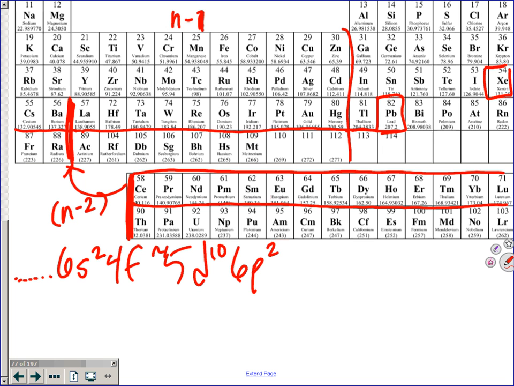All that stuff up until we get to xenon, we can say with brackets. So you write xenon like that. That means everything till you get to xenon. And then because that is the last noble gas we passed, we do have to finish off with the S, the F, the D, and then the P. And that's it. That is the shortest I can make lead, right there.